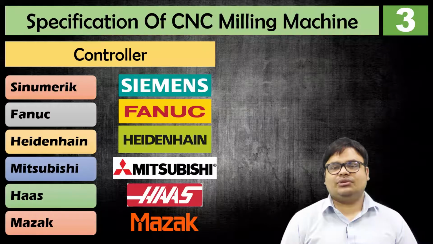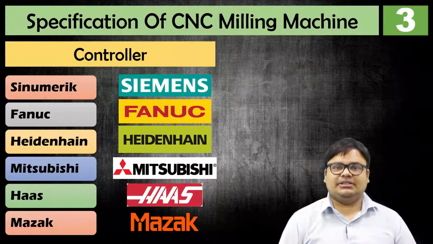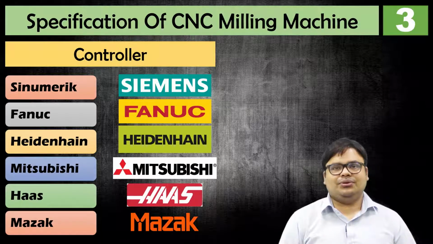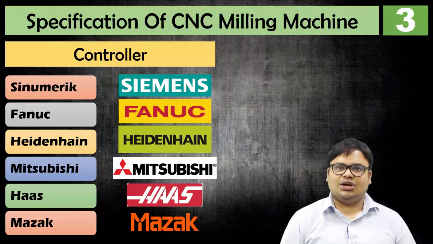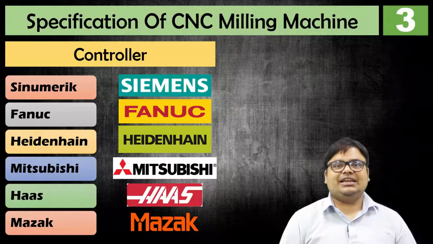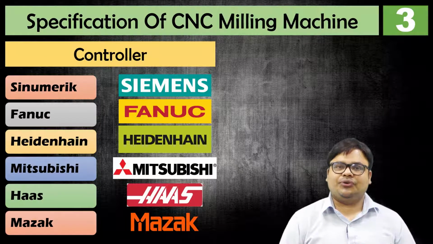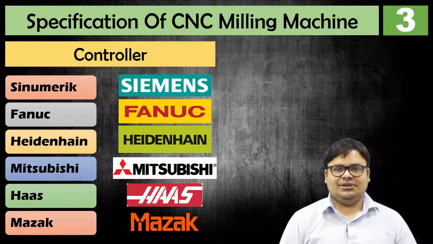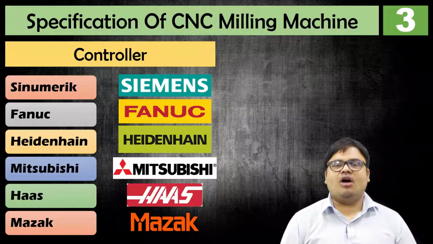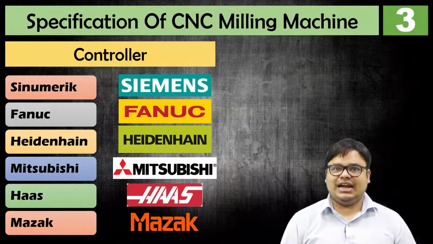Regarding these we'll have discussions in upcoming sessions, but for today you know that these are some of the reputed companies that manufacture the controller. Controller means basically the motor drives, the servo motors and other electrical equipment related to these. So that was the third specification of a CNC milling machine.